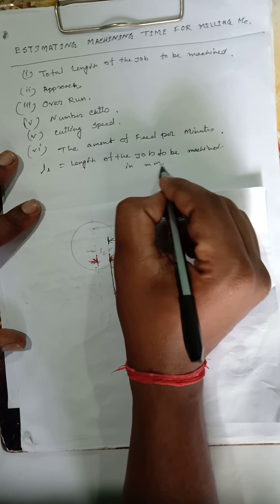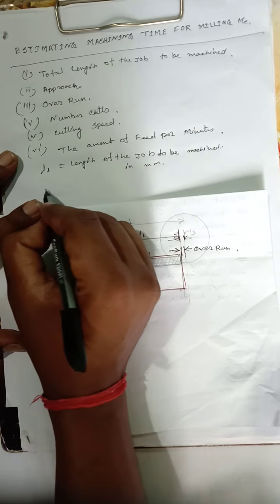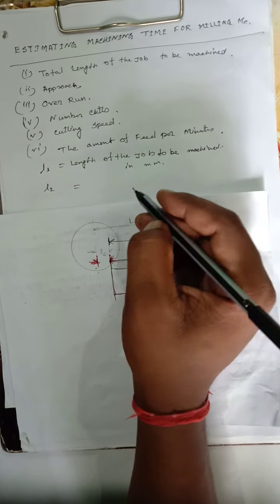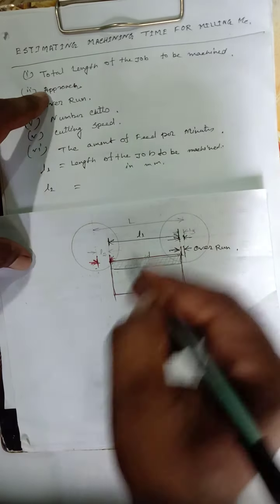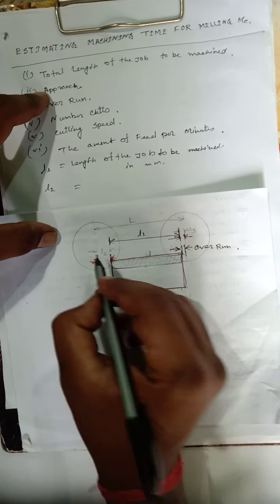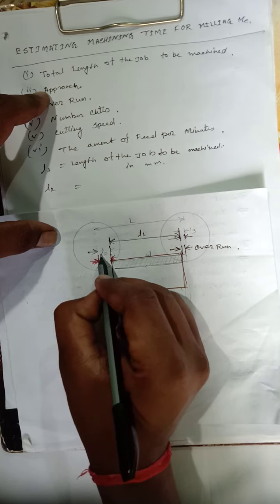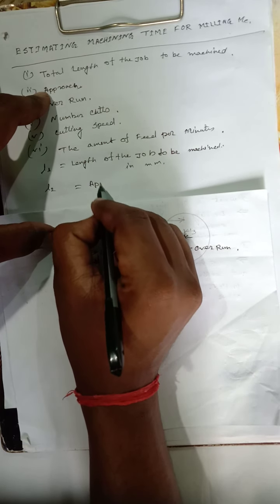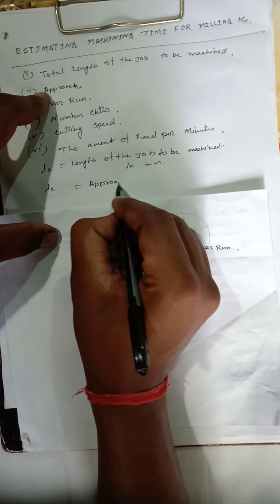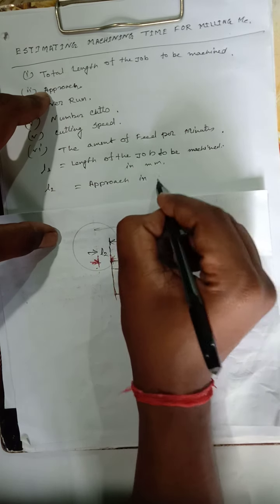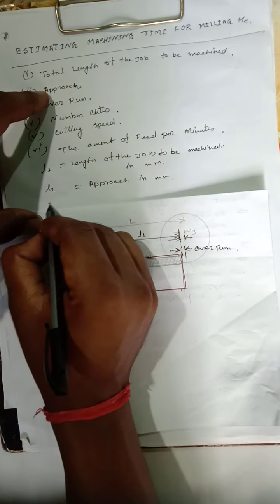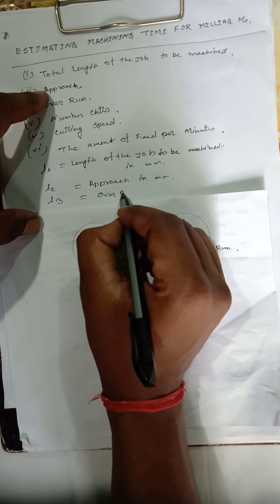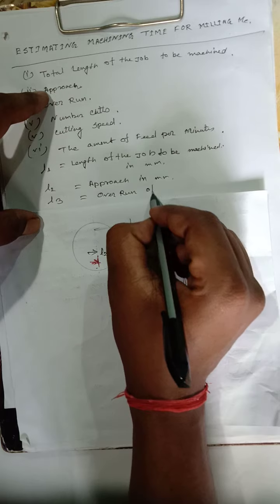All dimensions we use are in millimeter. Next, L2 is equal to approach, in millimeter. And L3 is called overrun of the cutter.